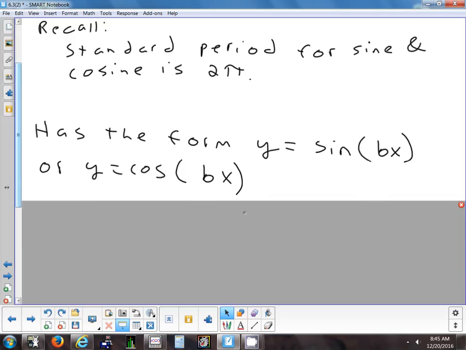Now, I said that there were two transformations that did exactly what you would expect and two that didn't. What type do you think this is? Is it going to do what you expect or no? No. So what do you think would happen if I put in a big number for b? It's going to compress.